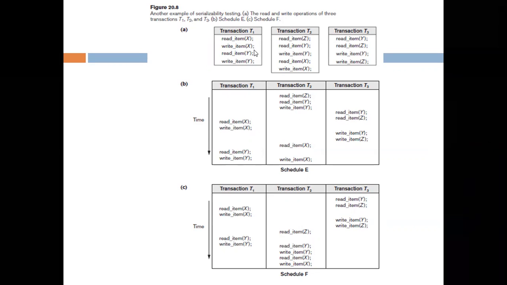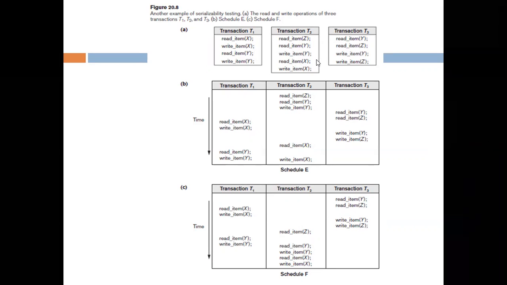So read X, write X, read Y, write Y. On the other end, read Z, read Y, write Y, read X, write X. And here read Y, read Z, write Y, and write Z operations are there. So for these operations, now we can write a graph.